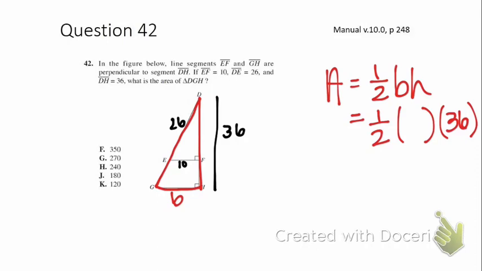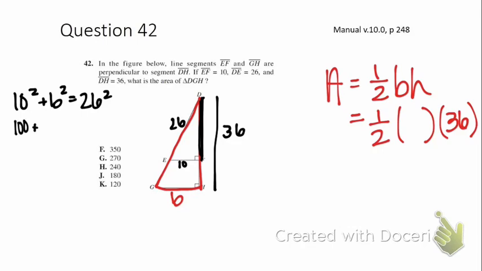So what I'm going to do is use the Pythagorean theorem for the smaller triangle and solve for this piece here. So off to the side, I'm going to have 10 squared plus b squared equals 26 squared. Because again, that's going to give me this missing piece, which I can use to then find my base.